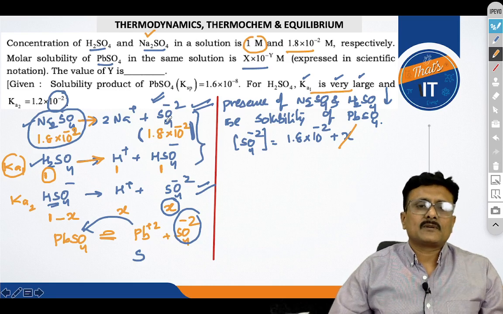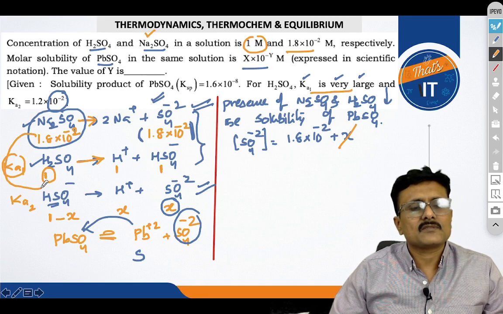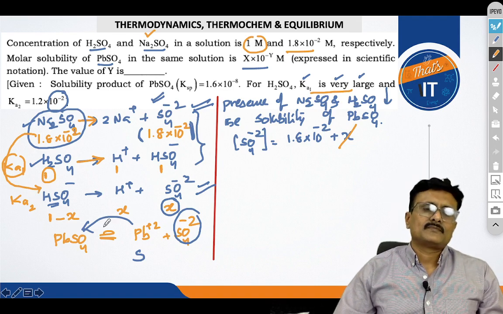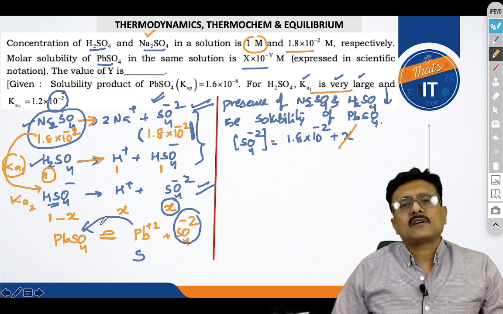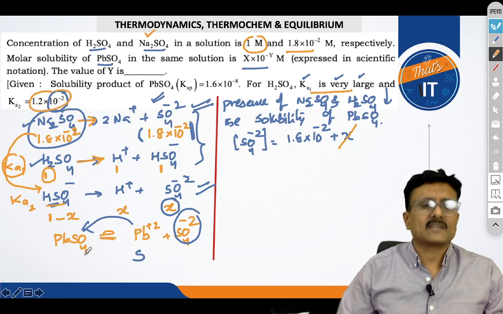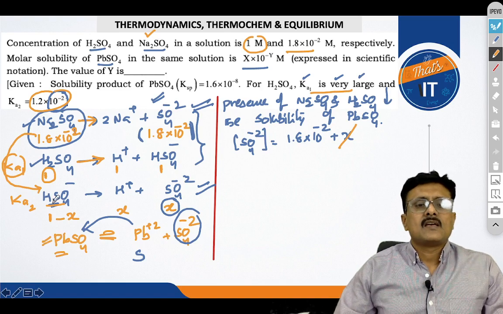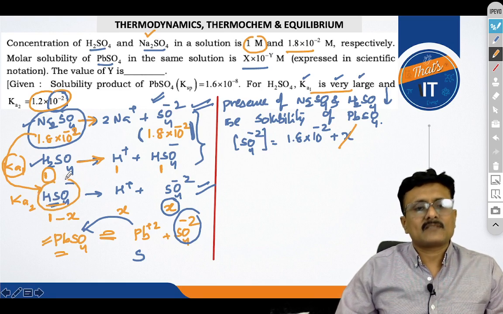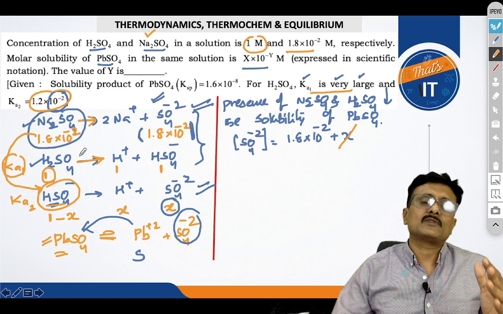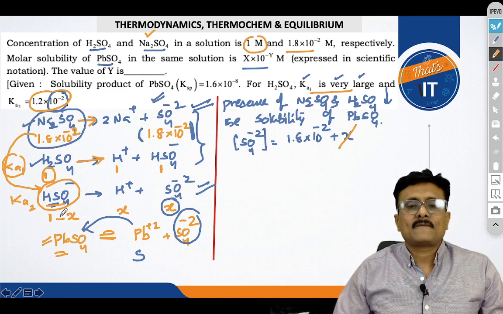Why am I doing this? Because you know that Na2SO4 is going to suppress the dissociation of HSO4 minus also, because Na2SO4 is a stronger electrolyte compared to this, because its dissociation is lesser. Anyways, it is suppressing this. There is no doubt that the solubility is decreased, but the dissociation of HSO4 minus is also decreased. So Na2SO4 is not only suppressing PbSO4 but also HSO4 minus.